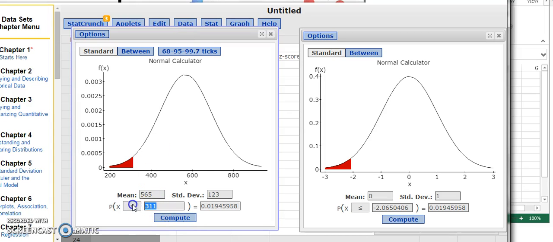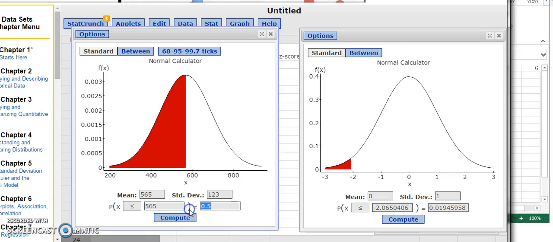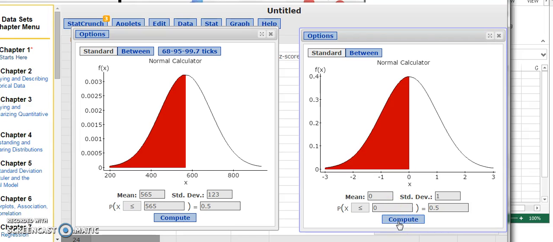When your value is equal to your mean, 565, it doesn't matter which side you use, because you get the same result. The probability is 0.5, so we paste our 0.5 right here, then we can calculate the z. We know that the z is 0. This is our 0.5, the area. This is the z. 0 is right here.